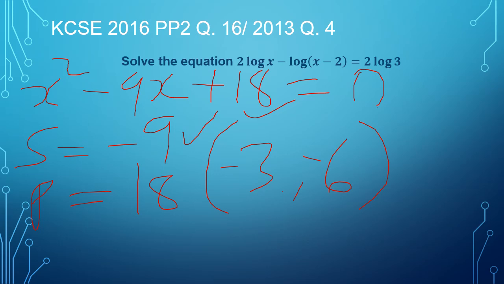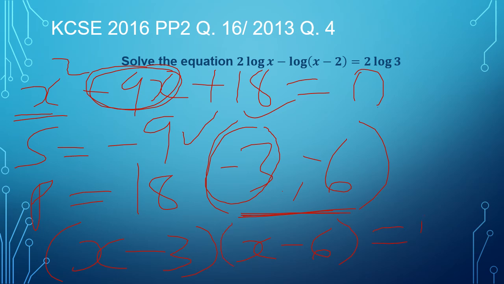So you express negative 9x in the form of 3 and 6. The easiest way is that after you have found the terms, you just separate them. If the coefficient of x squared is 1, you just separate. The first bracket will be x plus negative 3, which is the same as x minus 3. Then the second bracket is x minus 6.